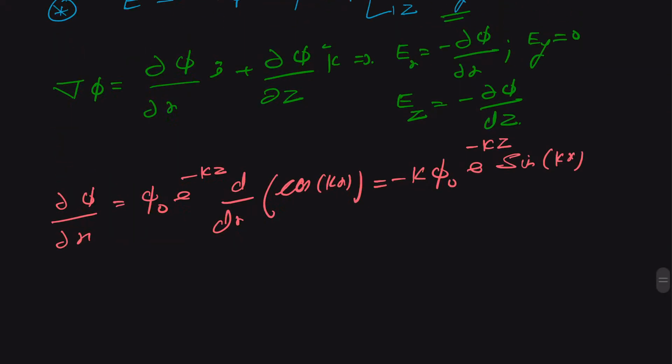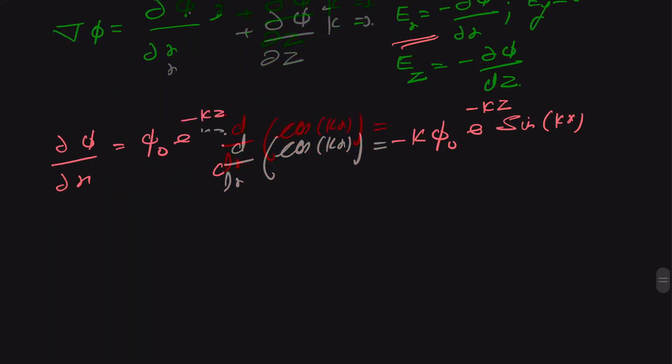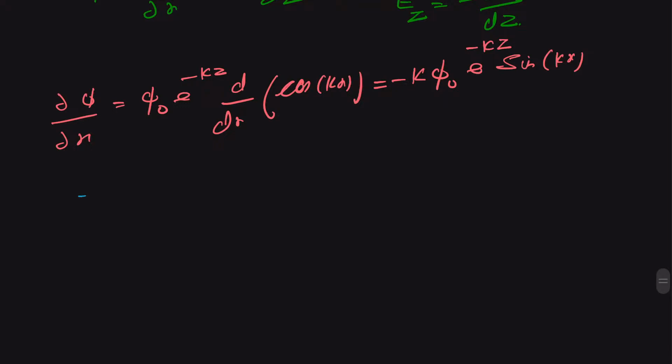And we know that electric field is equal to negative of this. Therefore, we can say that electric field in x direction will be minus of the partial derivative in x direction, which gives us a positive k phi naught e raised to power minus kz, and we have sine of kx.